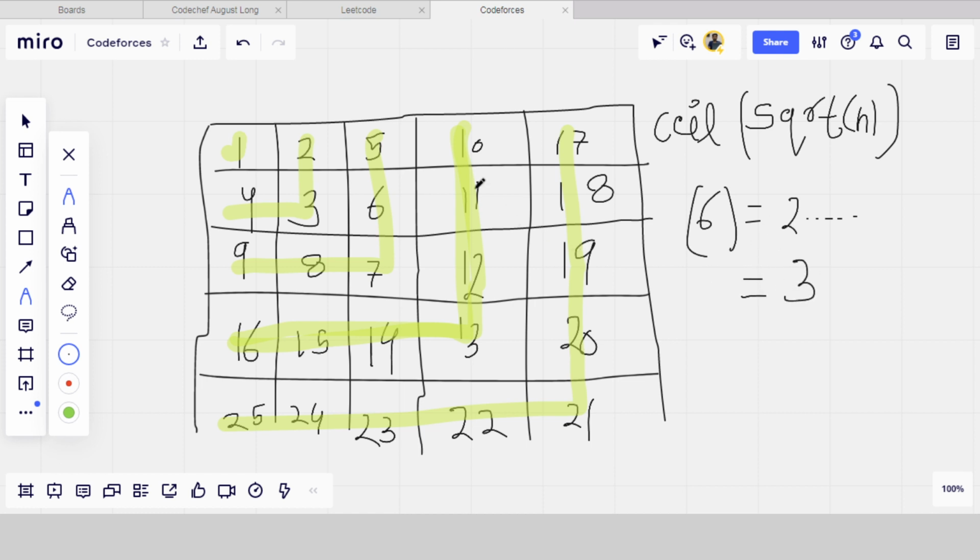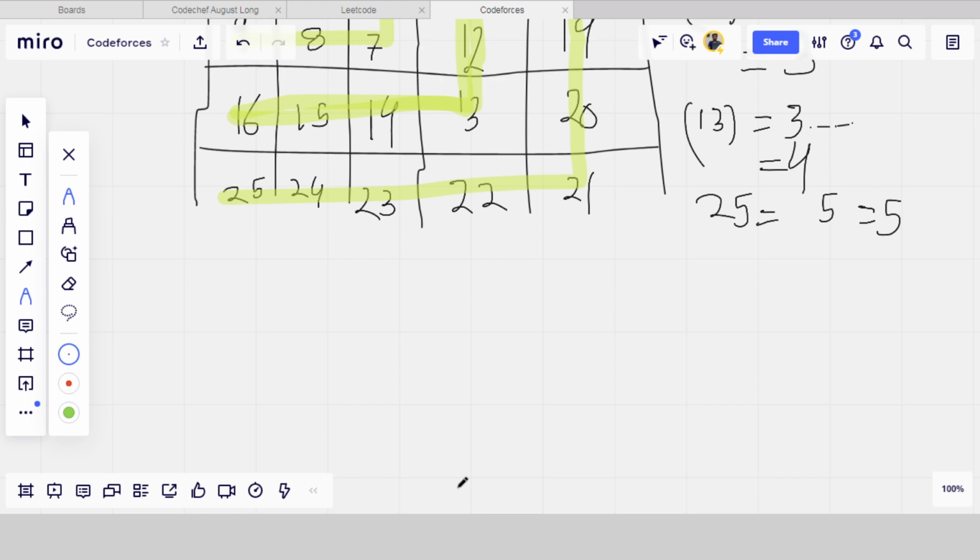You can see here that 6 lies on the third L: first, second, and third. For example, take 13. The sqrt of 13 is 3 point something, and the ceil will be 4, and it lies on the fourth L. Let's take the example of 25. The sqrt of 25 is 5, and the ceil is also 5. So like this, we find in which L the particular number exists.